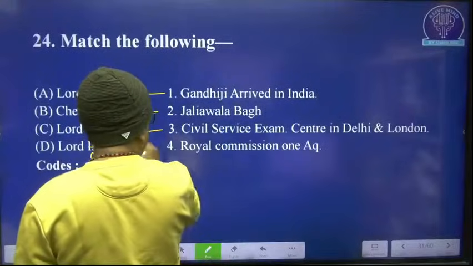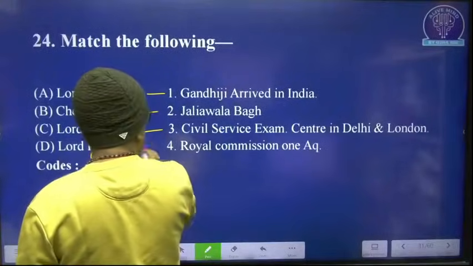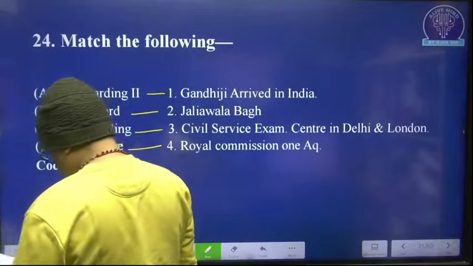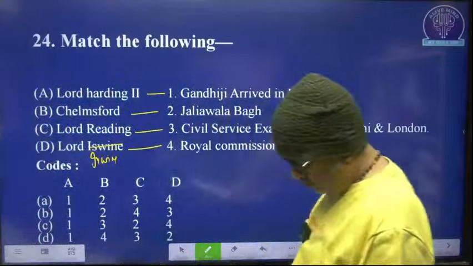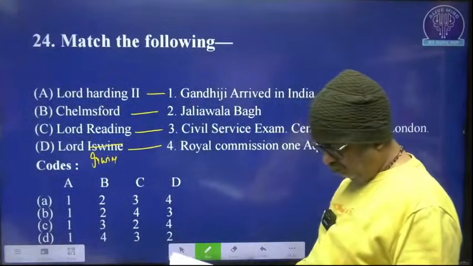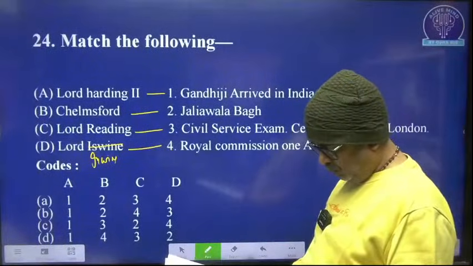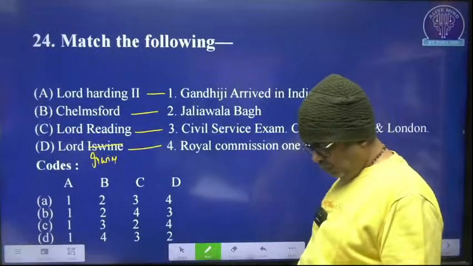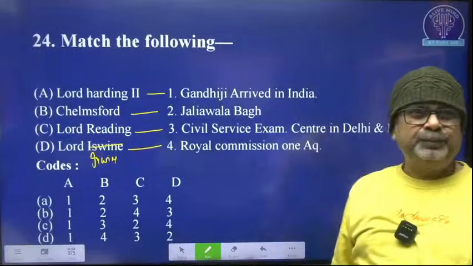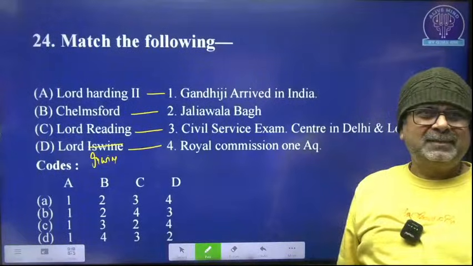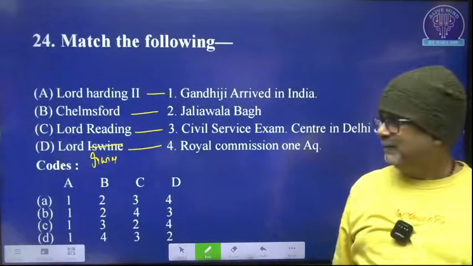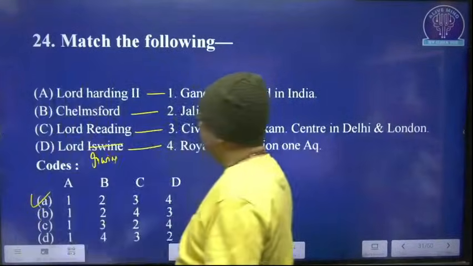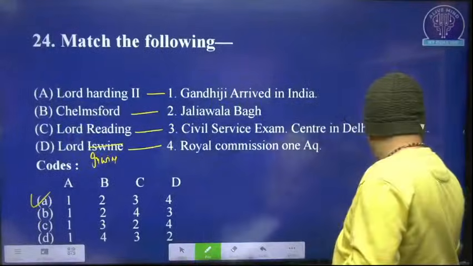Lord Reading, Civil Service Examination Centre in London and Delhi. Royal Commission on... A will be the answer. 24A.